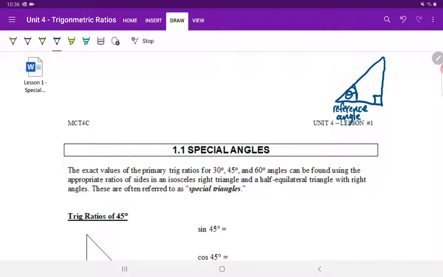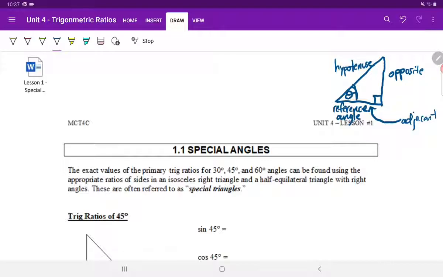If this is our reference angle here, that makes this side here our opposite side from that reference angle. This side here is known as the adjacent side to the reference angle. And then the longest side of your right angle triangle is known as your hypotenuse.